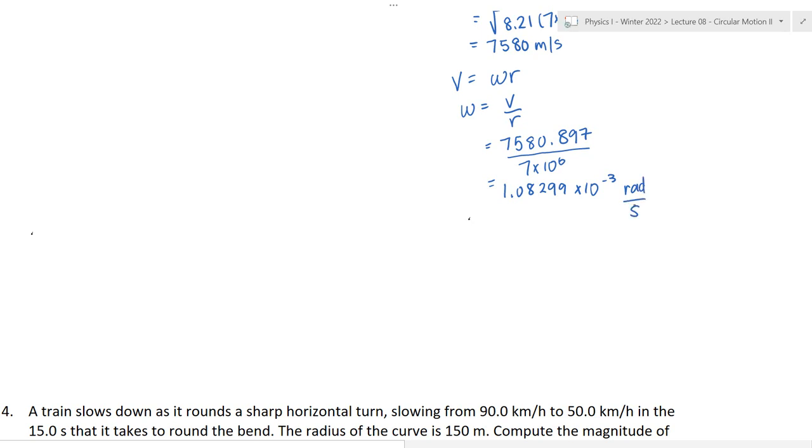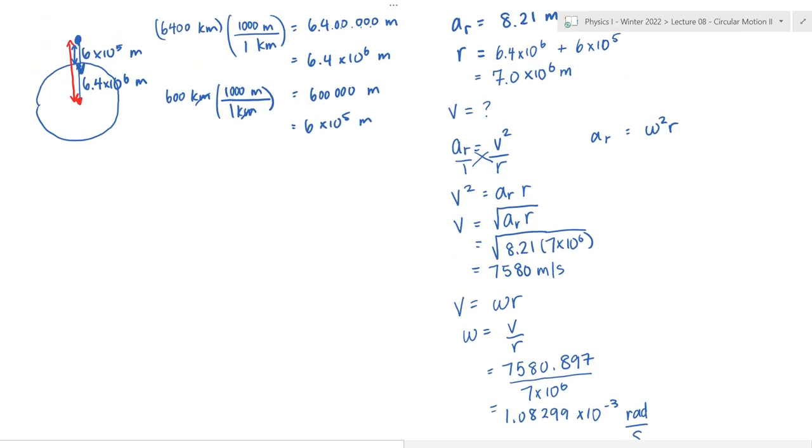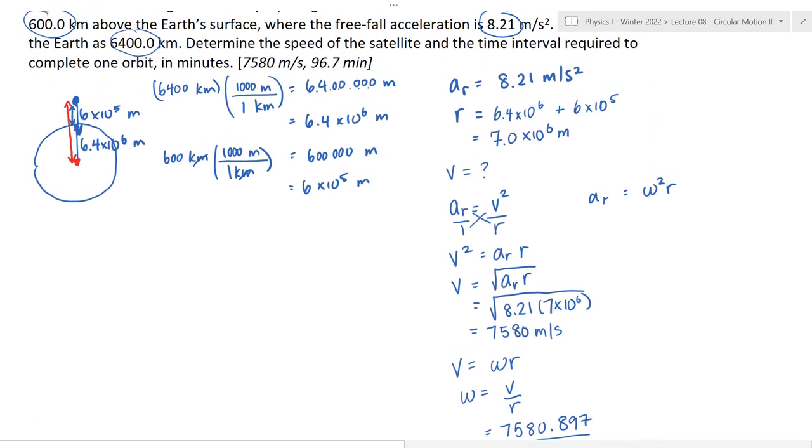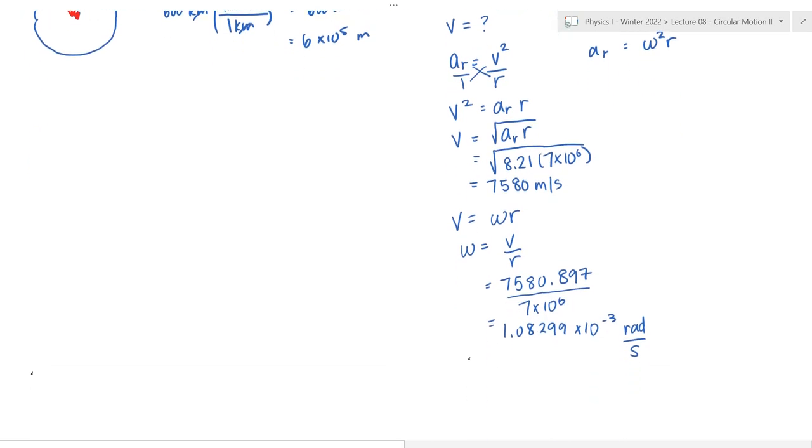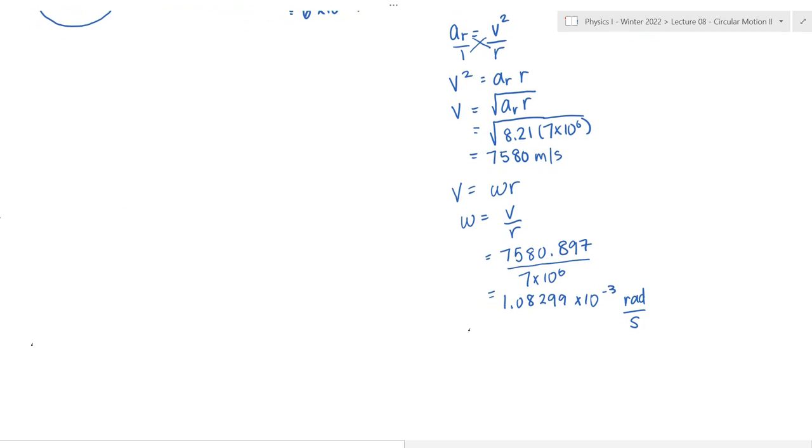Now what's the question asking? It wants to know what is the time interval required to complete one orbit. So it wants to know how much time does it take to complete one orbit. So that's called a period. So I'm going to do this work on the side now, the rest of this.